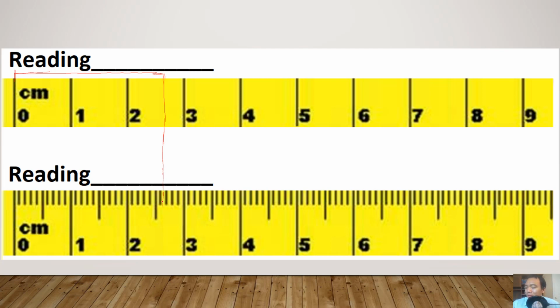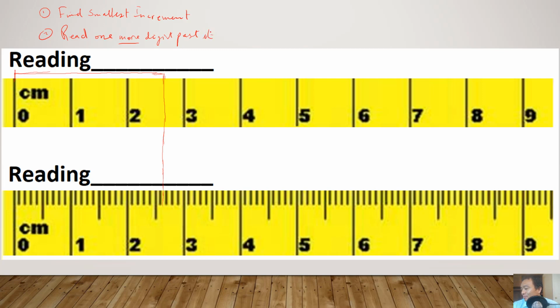So here's the steps you should follow when you try to read this correctly. First, you find the smallest increment. Then you read one more digit. It's not one digit, it's one more digit past it.